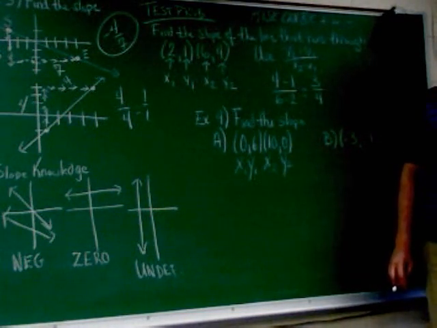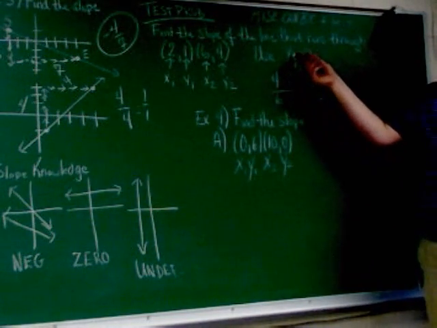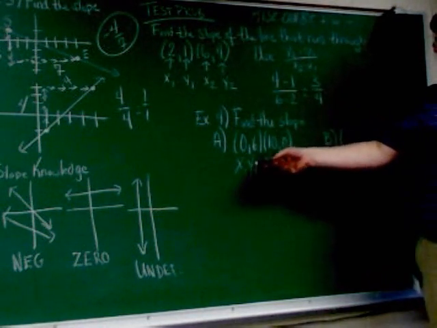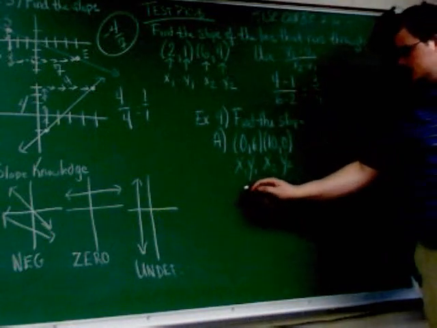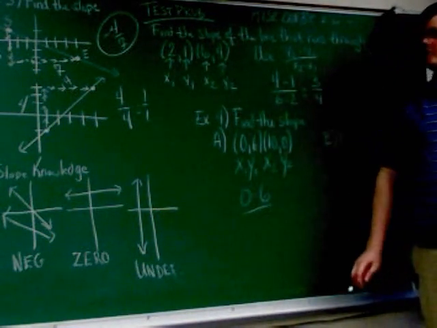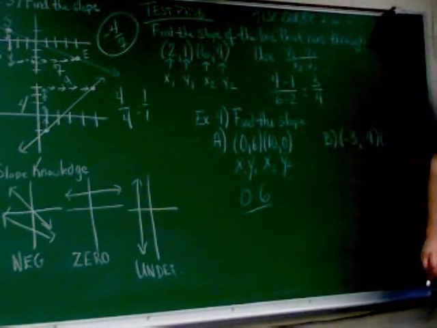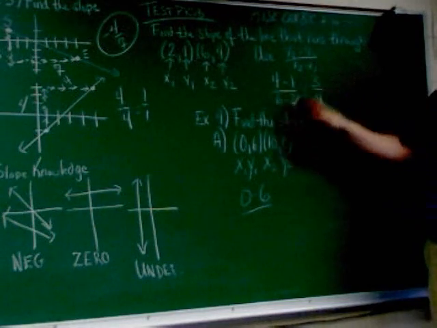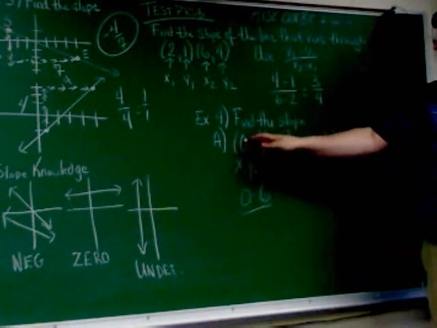Okay, so now we have to find the slope. Top of the formula is y2 minus y1. So that's 0 and 6. 0 minus 6. Bottom of the formula is x2 minus x1. 10 minus 0.